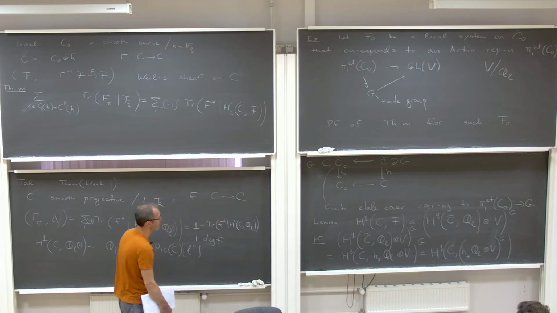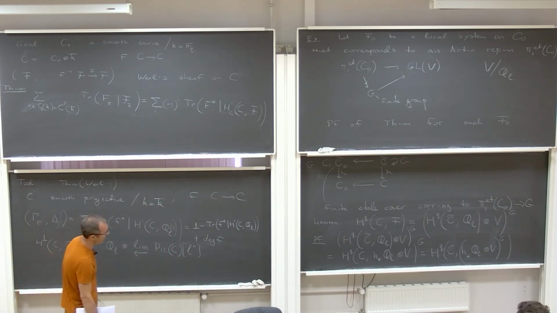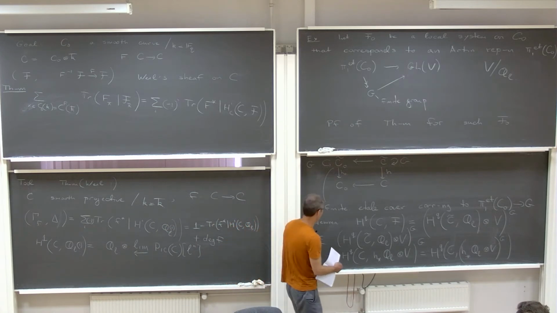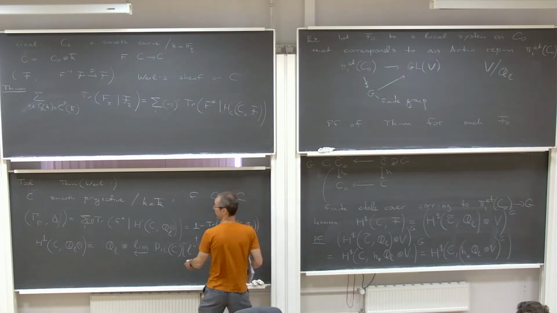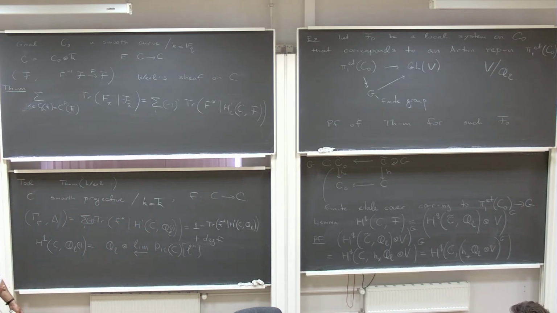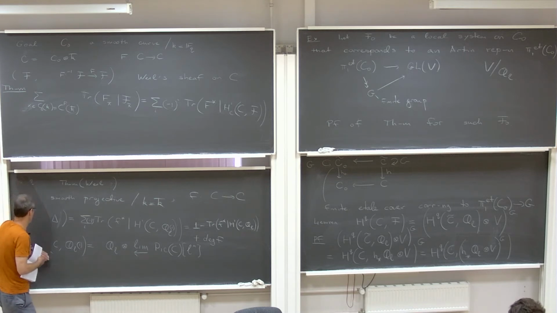Okay, so we have this formula. Now, any sheaf with an action of G decomposes uniquely as a direct sum of irreducibles.